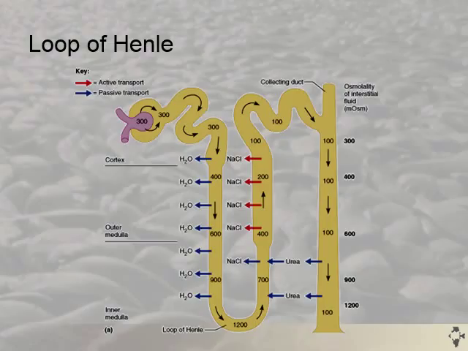Now, if a fish were in saltwater conditions and didn't want to eliminate excess water, wanted to retain water, their filtration rates and the concentration gradients that they're establishing through these active and passive transport processes would be adjusted appropriately. So there still are going to be anions, cations, and various electrolytes that they want to eliminate that are in excess.